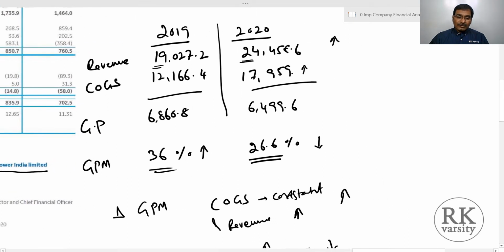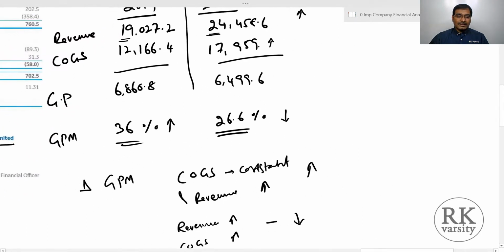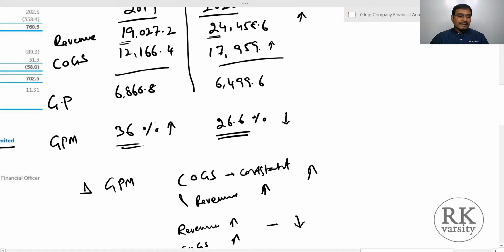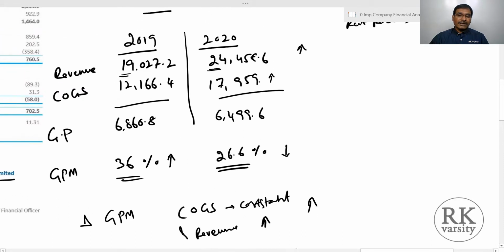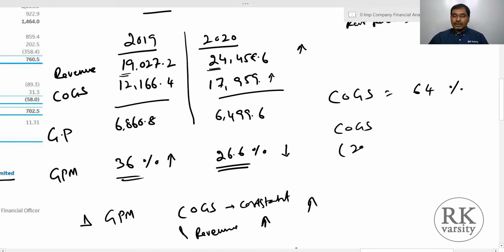Now, in simple terms, we can say that in the year 2019, for example, the gross profit margin is 36%. That means your cost of goods sold is 64%. When it comes to 2020, the cost of goods sold is, let us take, 73%.